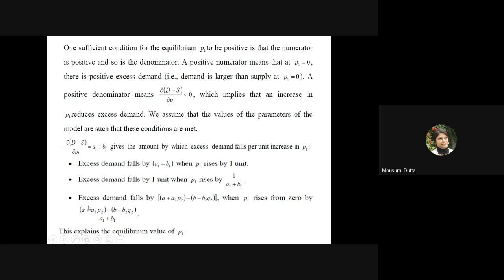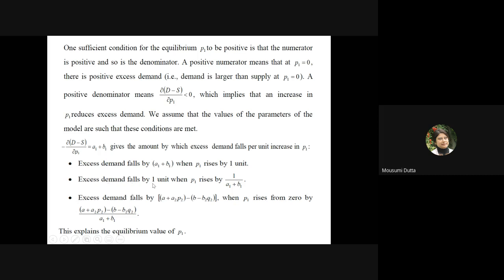Okay. Now, to begin with, at P1 equal to 0, we had the excess demand given by this amount: A plus A2P2 minus (B minus B2Q2). So, this was the volume of excess demand when price was literally set at 0. So, excess demand falls by this entire amount with which we began our discussion when P1 rises from 0 to this amount.